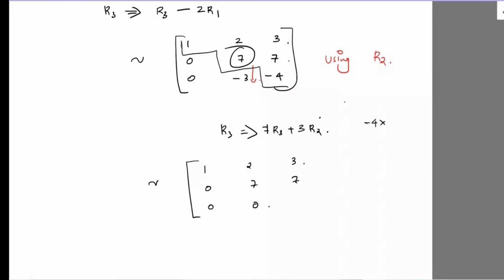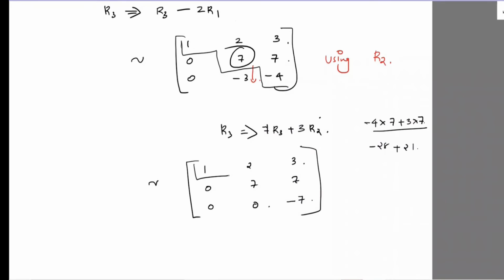What will be the next element? Minus 4 into 7 plus 3 into 7, that is minus 28 plus 21, that is minus 7.